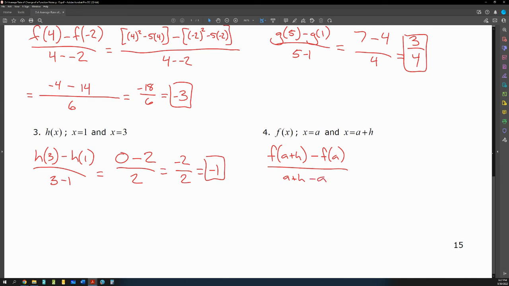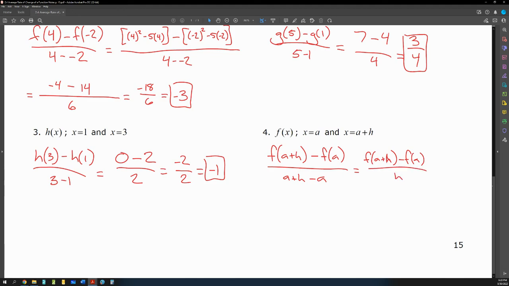Okay. Now you might notice something in the denominator. Here we have a and a negative a, so these can cancel out, and we get f of a plus h minus f of a all over h.